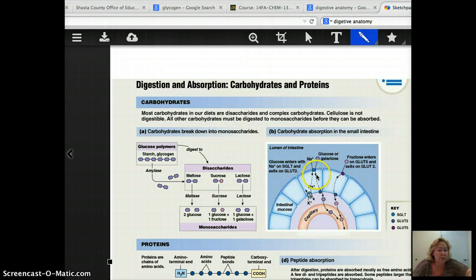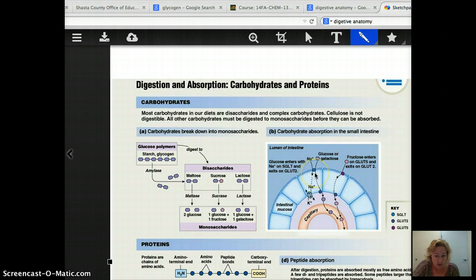So then how does it get back out? It gets back out again with facilitated diffusion. So it gets out with GLUT2. We don't know that yet, but it's just another sort of co-transporter that lets it go. Okay, so that wasn't bad. That's actually not bad. It comes in with a co-transporter.